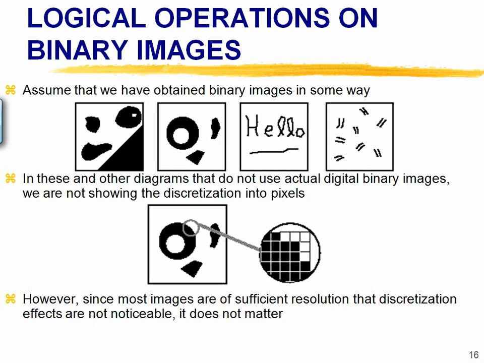So it's not going to be smooth and continuous, it's going to look something like that. As a result, all the processing that we do on these images has to be defined in terms of pixel level operations, right? And that's exactly what we do for binary images.